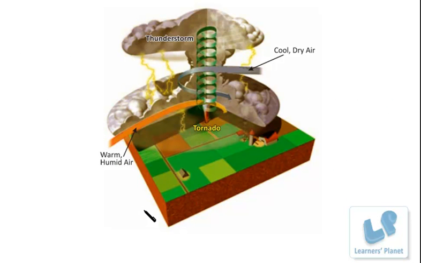Rising air within the updraft tilts the rotating air from horizontal to vertical, and an area of rotation 2 to 6 miles wide extends through much of the storm, and most strong and violent tornadoes form within this area of strong rotation. So here you can see the warm humid air, the cool dry air, and it gives rise to a thunderstorm, finally leading to a tornado. So this is what we have to remember.